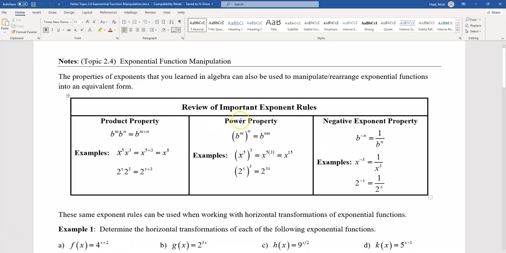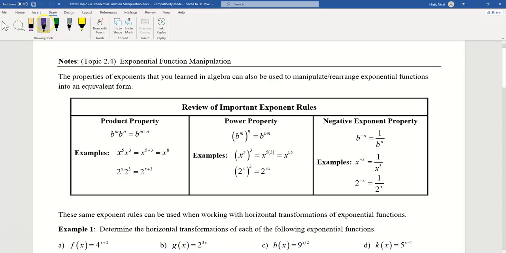We also have the power property, which says that we're taking a power and raising it up to another power. In that case, you're going to multiply your exponents. And if you need justification for this, you can think about x to the fifth times x to the third. That is x times x times x times x times x.